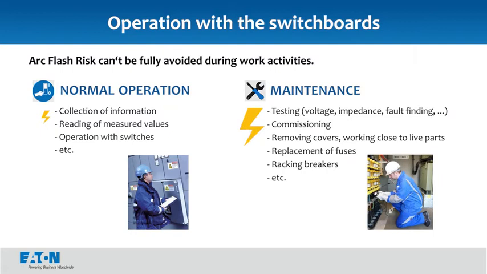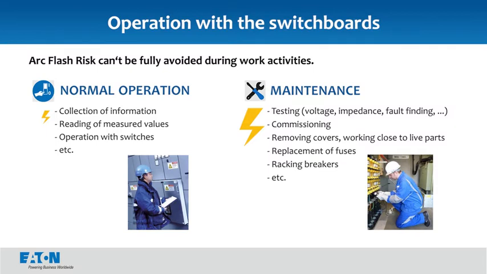There are generally two methods of operation: normal operation or maintenance. Normal operation is an activity with a covered switchboard. This involves collection of information, reading of measured values, and operation of switches, etc. Maintenance is performed with open doors or front covers.